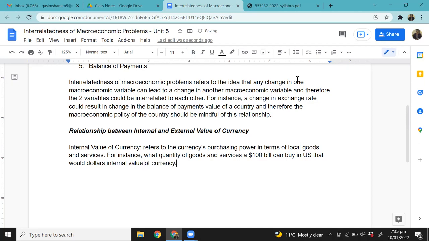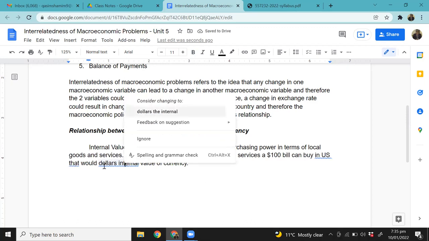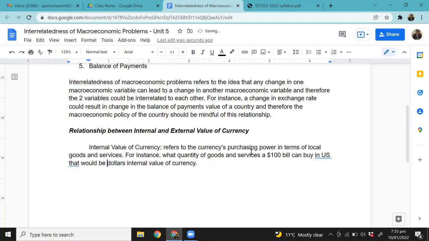Is it making sense, Preet? Now, what is internal value of currency? Internal value of currency refers to the currency's purchasing power in terms of local goods and services.